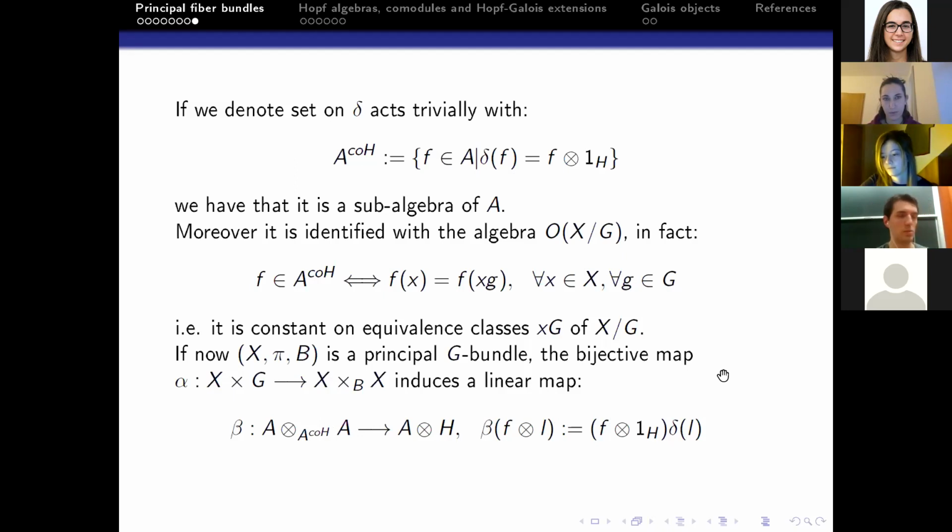So at this point, we have seen that having a principal G bundle, we have a lot of algebraic structure.